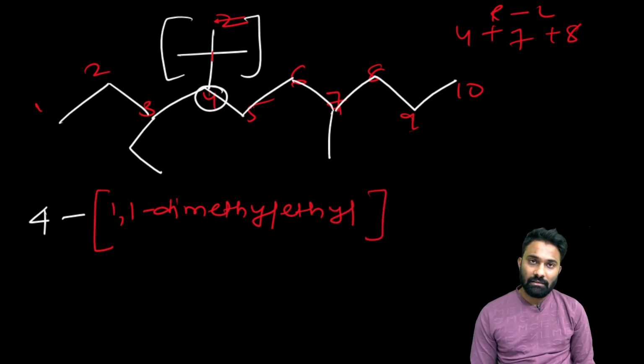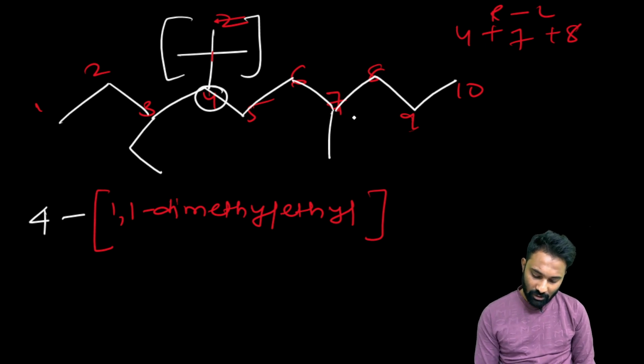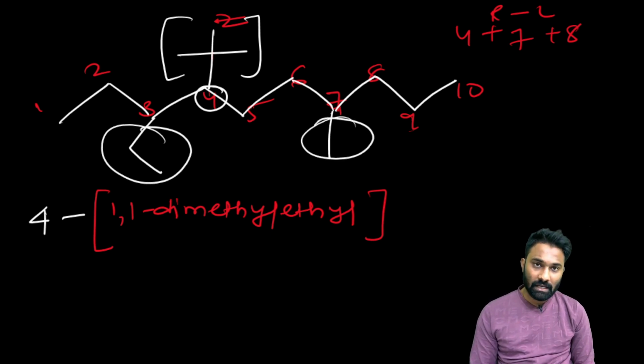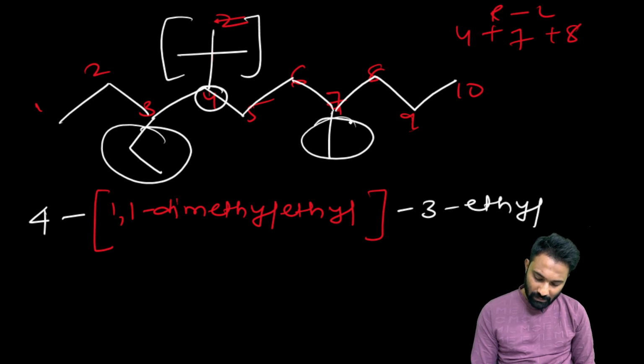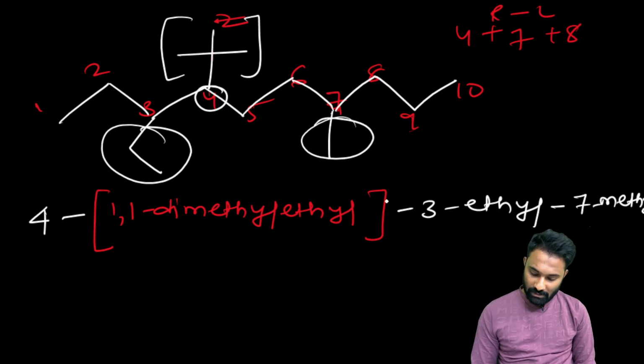Then after that, followed by the other substituents, you have to follow the alphabetical order, right? Alphabetical order. This is ethyl and this is methyl. So this is 3-ethyl and this one will be 7-methyl.